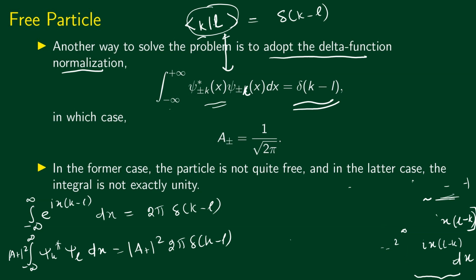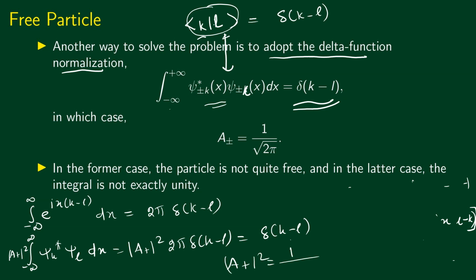It's clear how to do this now. We demand that this is equal to delta k minus L, which means that a plus square has to be equal to 1 divided by 2 pi. Then this modulus a plus square would cancel with this 2 pi. Or we can write a plus is equal to 1 divided by the square root of 2 pi.